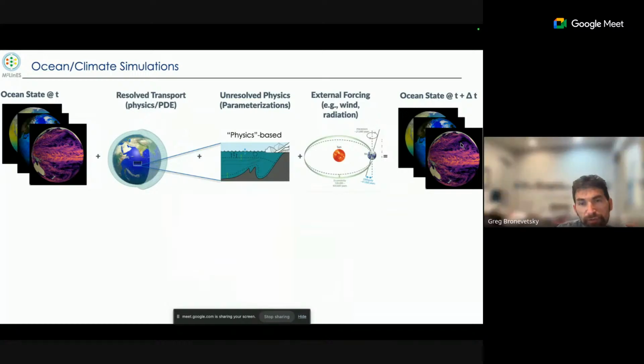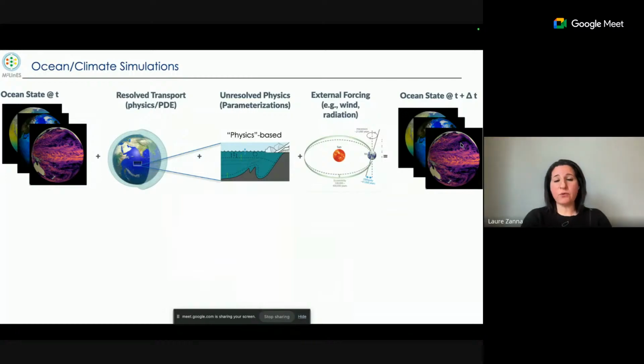So, question. Yes, please. For context, when you say unresolved physics and parameterizations, what family of functions or models are you referring to? Yes, okay. So here, for example, for ocean turbulence, we're going to end up with something that's going to be trying to actually represent mixing by turbulence on the large-scale transport. So that's what we're thinking about.